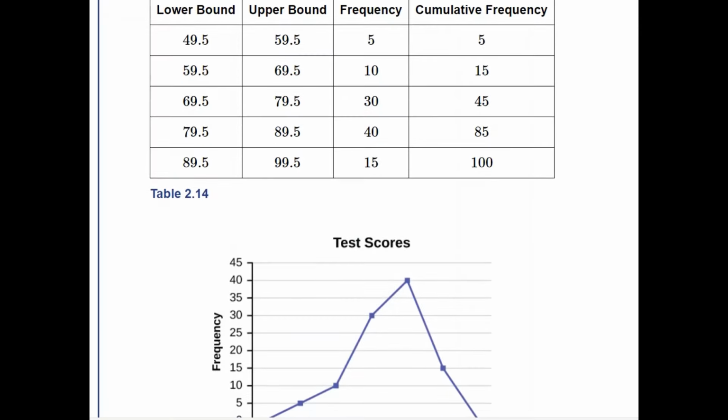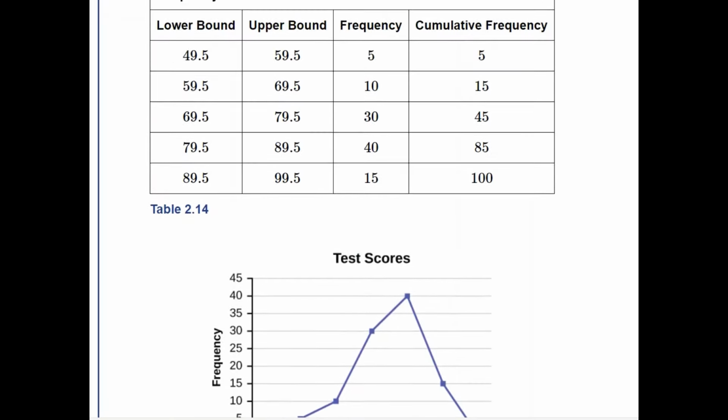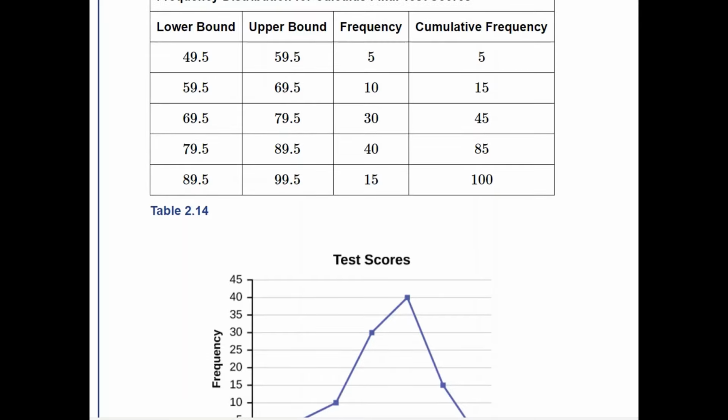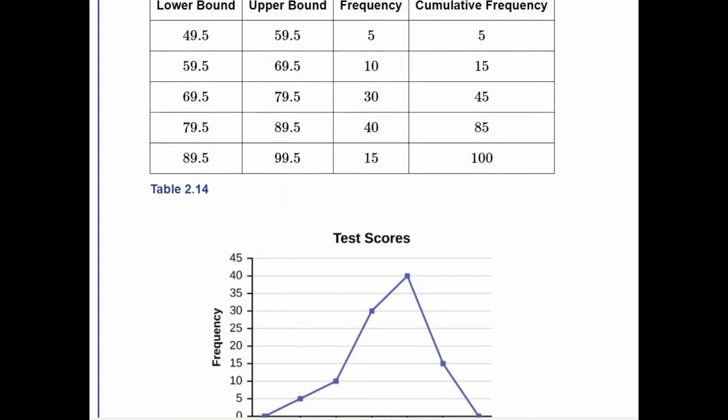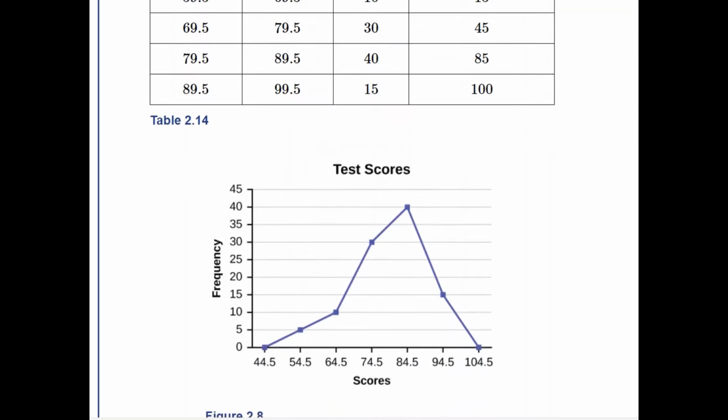We start from 44.5 instead of the middle point of the first interval, and the second point will be the middle point of the first interval that starts with 49.5 and 59.5, which is 54.5. So this is the second point, and the third point will be the middle point of the second interval, 59.5 to 69.5, and its middle point would be 64.5, and so on.